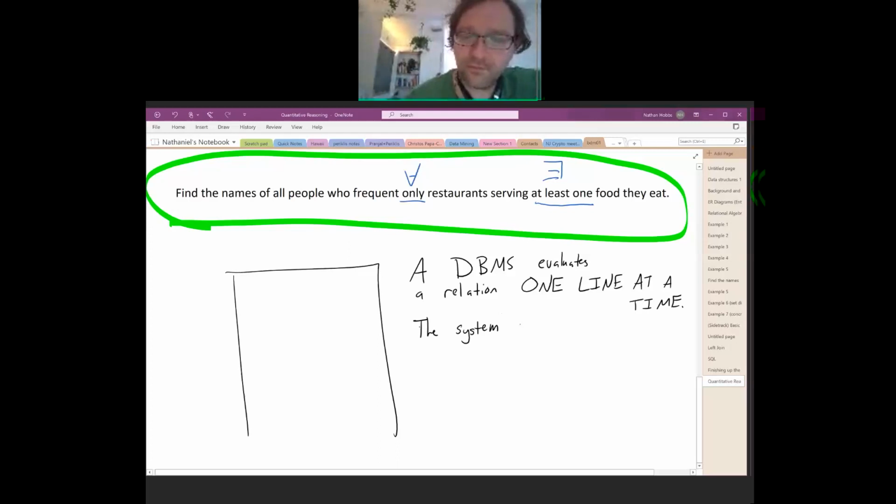The system has no memory besides the one line, or entry, record, whatever.